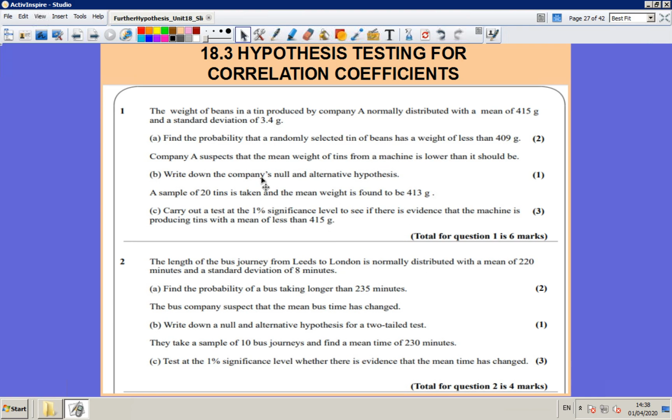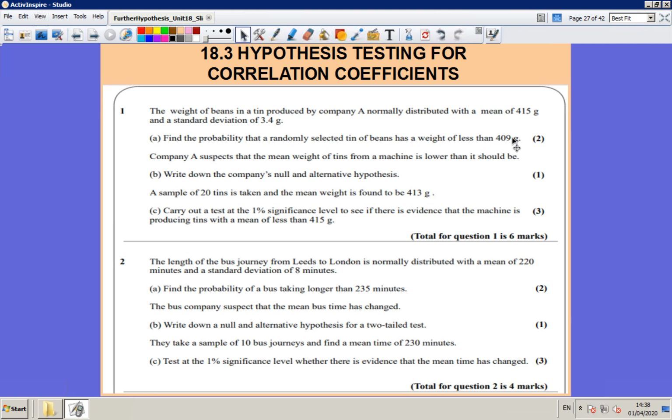Okay, so we're told in question 1 that the weight of beans in a tin has a normal distribution with a mean of 415 grams and a standard deviation of 3.4 grams. We want the probability that a randomly selected tin of beans has a weight less than 409 grams. So you're going to go to normal cumulative distribution on your calculator.